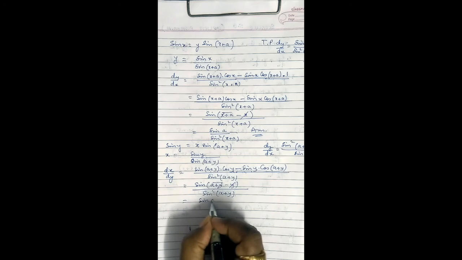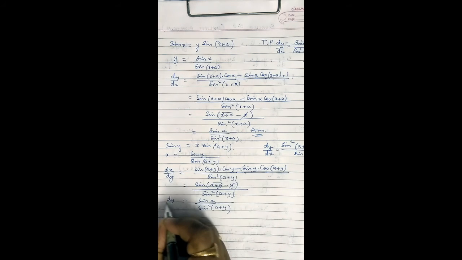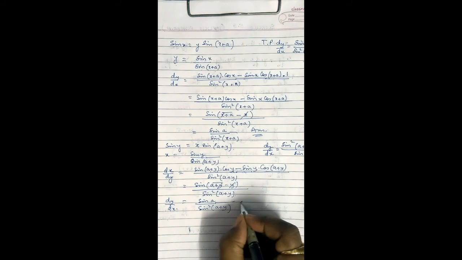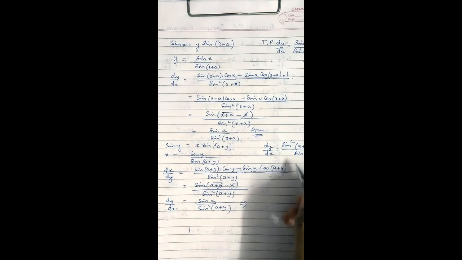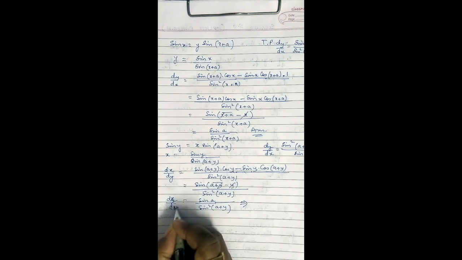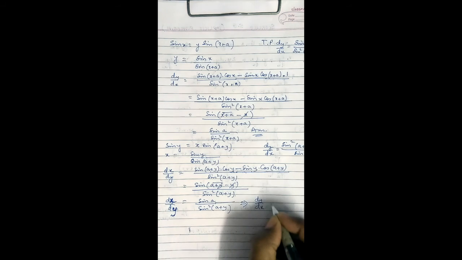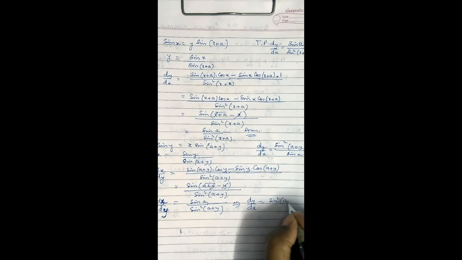What are you left with? Only sine A upon sine square of A plus y. This is your dx by dy. Sorry, I said dy by dx earlier; this is dx by dy. So now just reciprocate the two, dy by dx, and you get to the required statement.